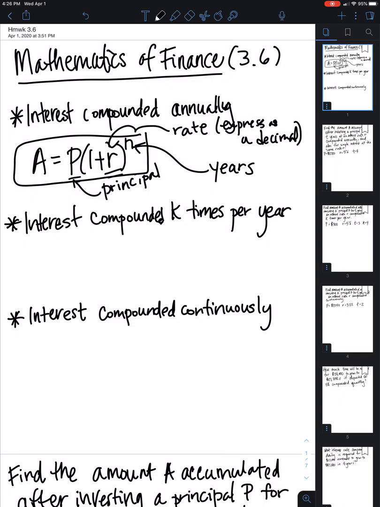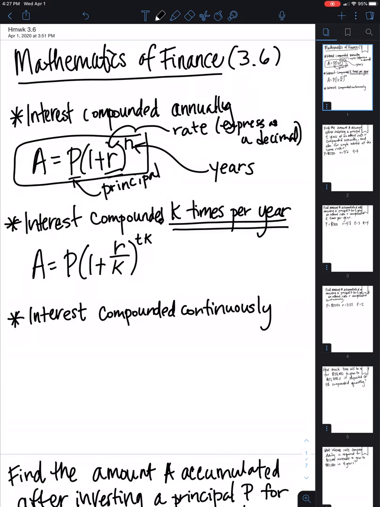Little box around it. Okay, the next one is the same equation, except we are going to compound it so many times a year. You might hear quarterly, or it could be daily, it could be monthly. So the equation looks very much the same, except we're going to do it k times a year. We divide the rate by k, and we also multiply the time by k.